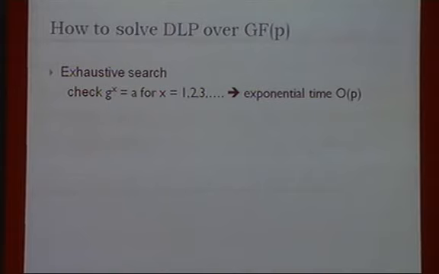If not, then we go to the next candidate 2, then we check whether G squared is equal to A, and so on. From 1 to P minus 1, we definitely find the solution X, which is equal to A. Then we can find the discrete logarithm.